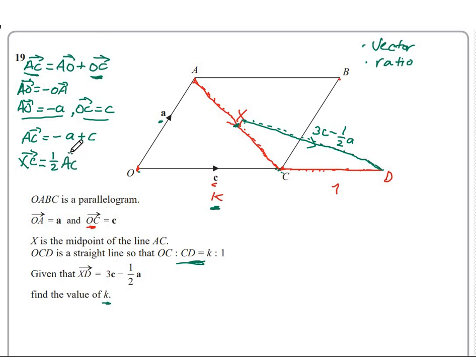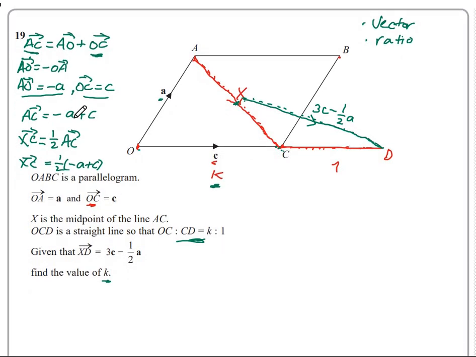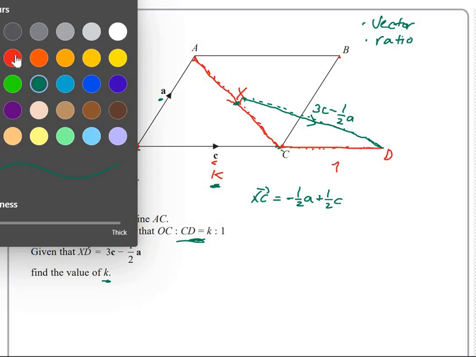So XC equals half of minus A plus C. Let me write that again just here, and I'll highlight that. So XC equals, when we expand the brackets, minus half A plus half C. And I'm going to put a box around that.